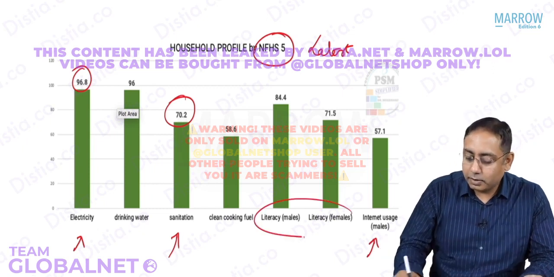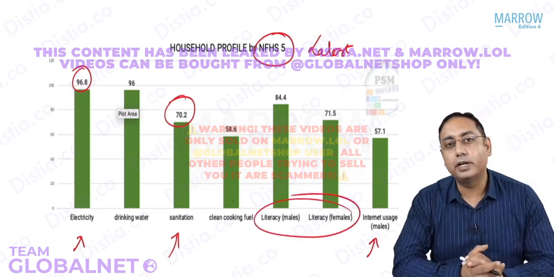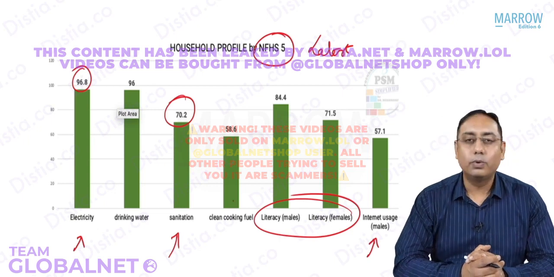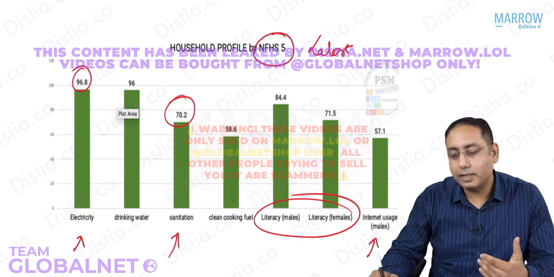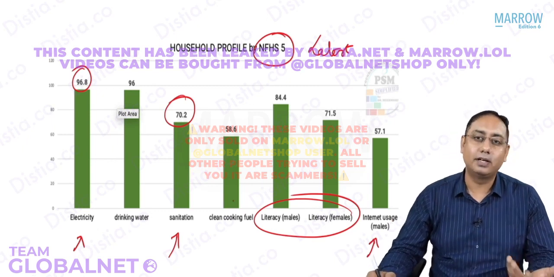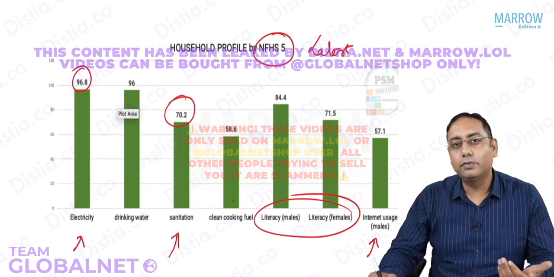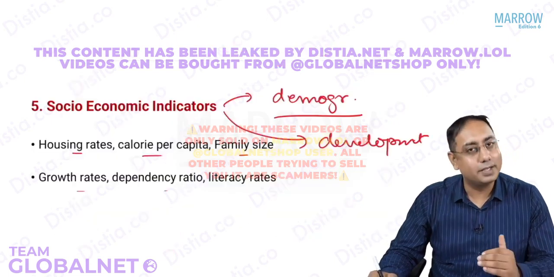And then if we talk about the literacy rate, as per the NFHS 5 data, the literacy rate in females was 71, whereas in males it was 84.